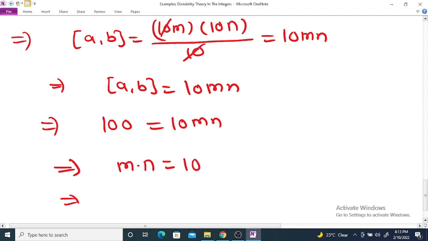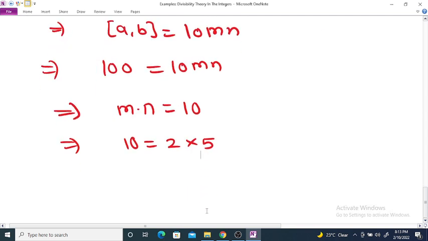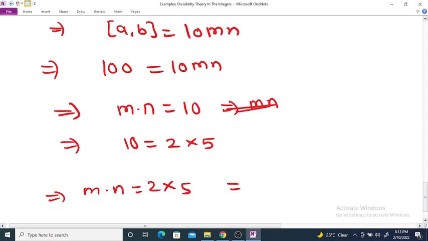If we obtain the prime factorization of 10, we get 10 is equal to 2 into 5, and therefore mn is equal to 2 into 5. And again we know that we want to select m and n such that GCD of m and n is equal to 1.